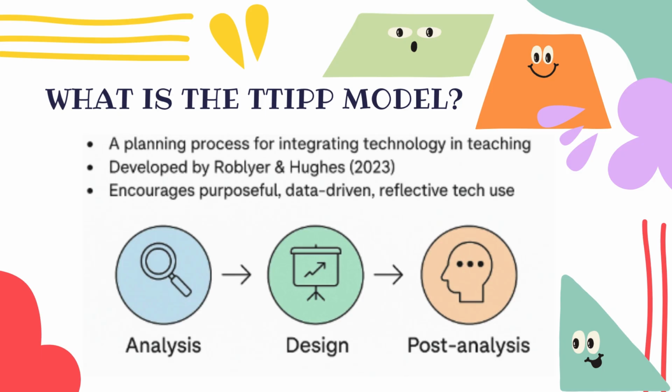It's divided into three main phases: one, analysis of learning and teaching needs, where we identify problems of practice and available resources; two, design of the integration framework, where we plan objectives, strategies, and prepare the environment; and three, post instruction analysis and revisions, where we reflect, make improvements, and share results. This process ensures that we're not just adding technology for fun or convenience, but that every digital tool we use directly supports learning goals and student engagement.